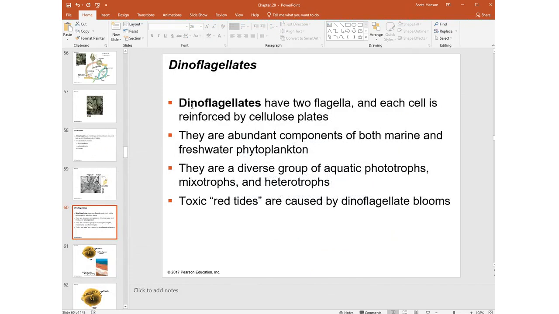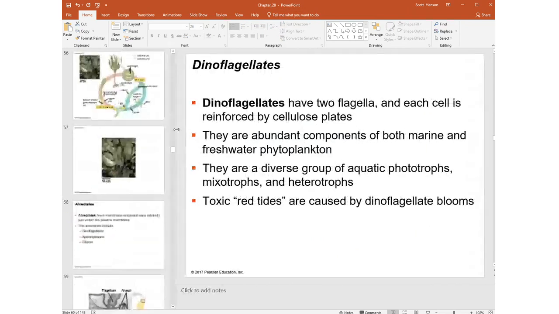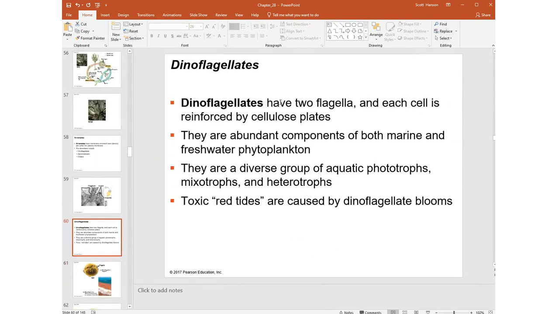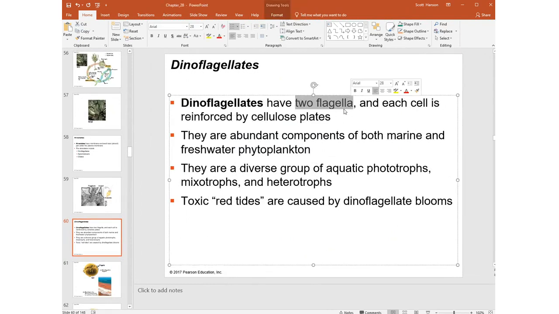So now here are the dinoflagellates, a type of alveolate. The dinoflagellates have two flagella, and each cell is reinforced by cellulose plates on the outside, and there can be large numbers of dinoflagellates in the ocean and also in fresh water.